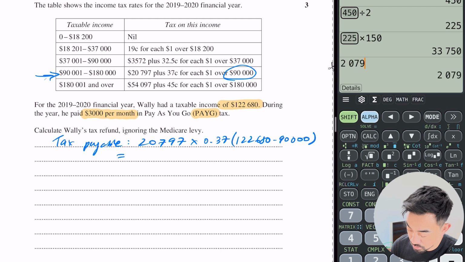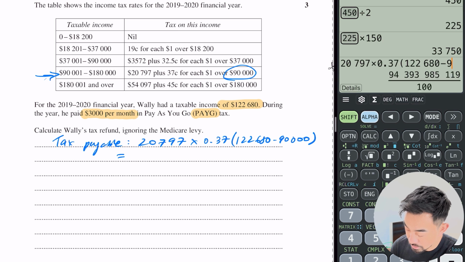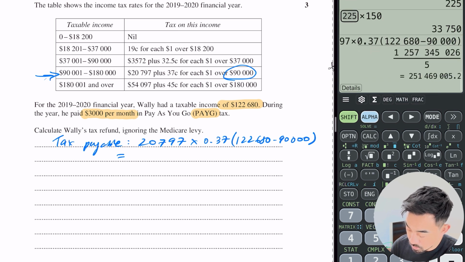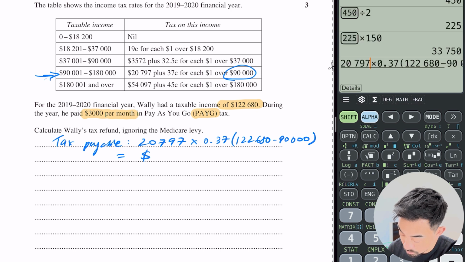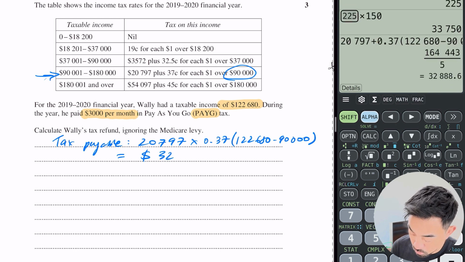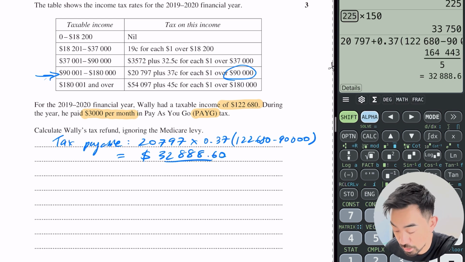So, no, I've goofed something up here. What did I do? This should be plus. 32,888.60.